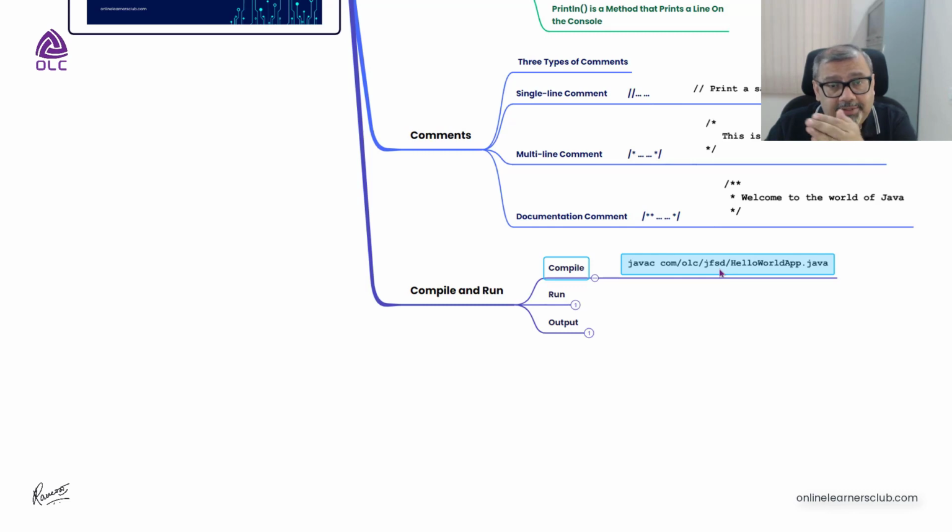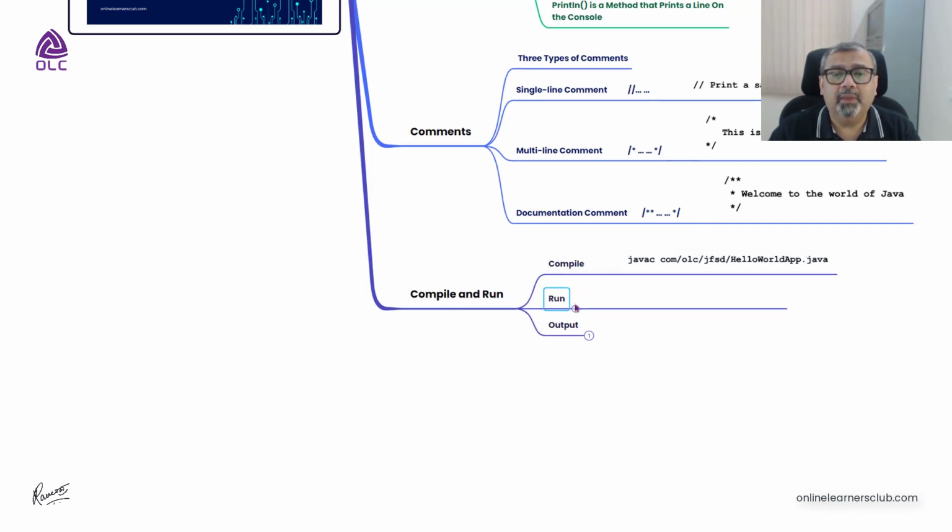Where I have created these folders, under that jfsd folder, we have HelloWorldApp.java, which is the source code. And we can compile by pointing to that particular file using the javac command. And once everything is fine, it gets compiled into a HelloWorldApp.class.